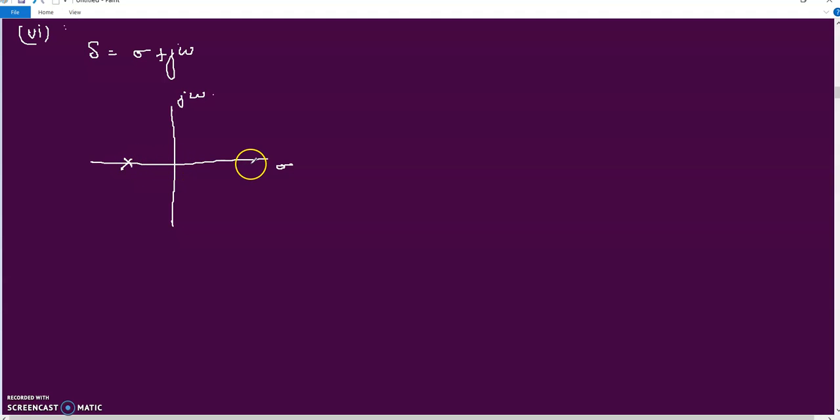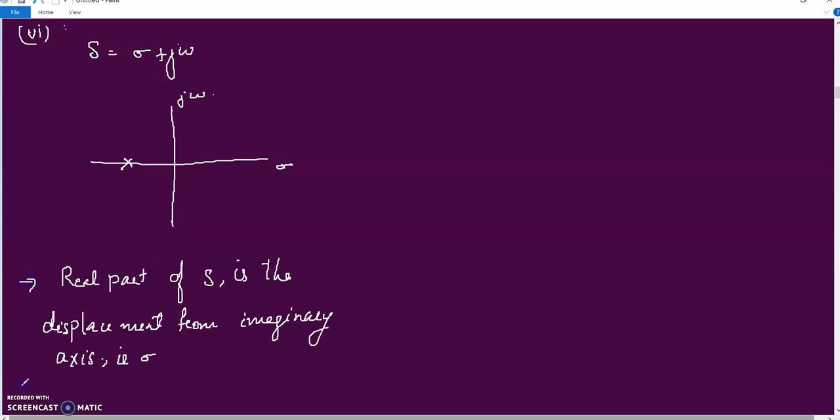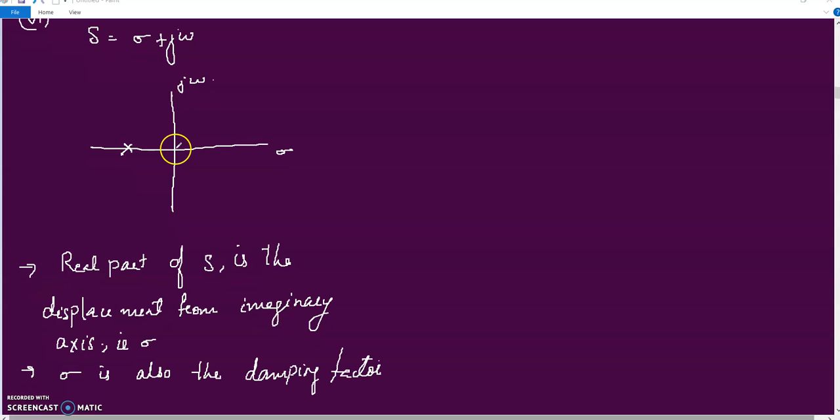This is the real part. That is, the real part of s is the displacement of the pole from the imaginary axis, that is sigma. Sigma is also the damping factor. Greater the value of sigma, that is, greater the displacement of the pole from the imaginary axis, it means that the response decays more rapidly with time.